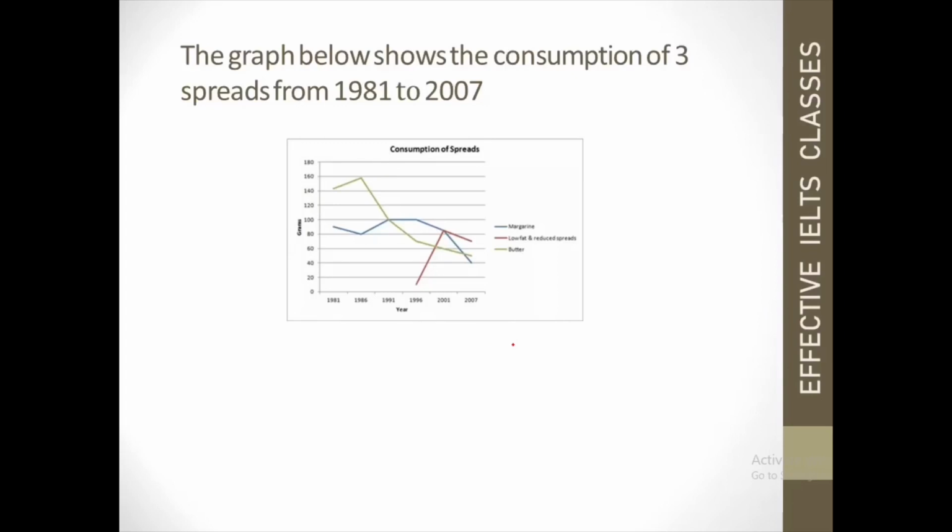Now let's move towards the overall. You can write the overall after body paragraphs as well. In the overall, we are supposed to write any key points, any highlights, something strange, noticeable, and or trends, or you can say general trends.